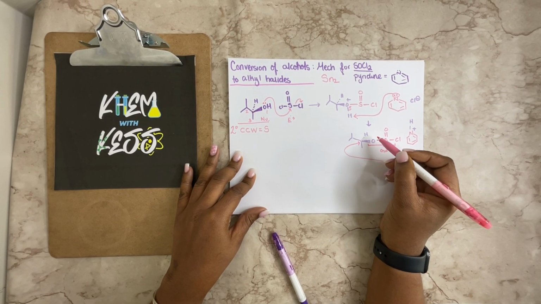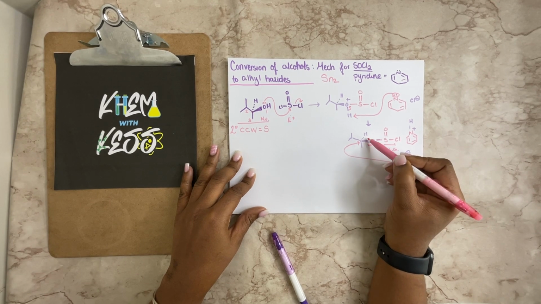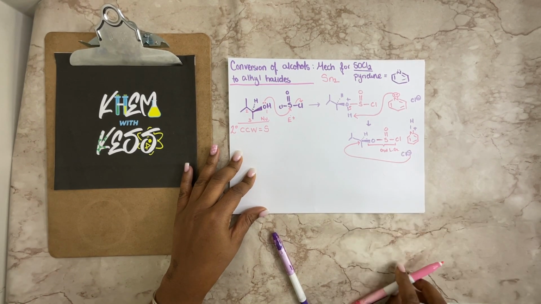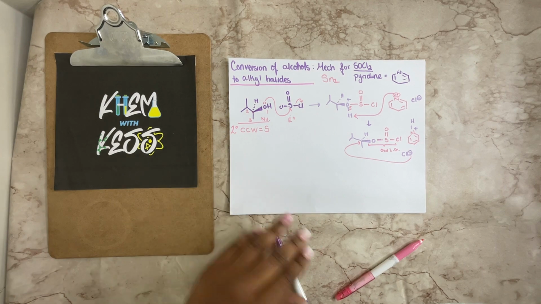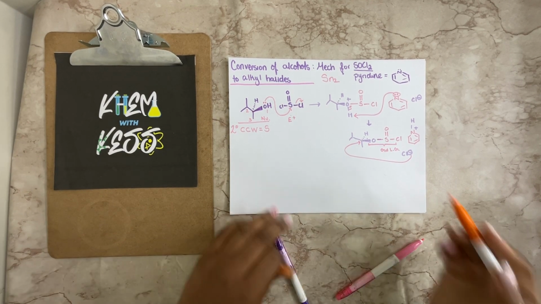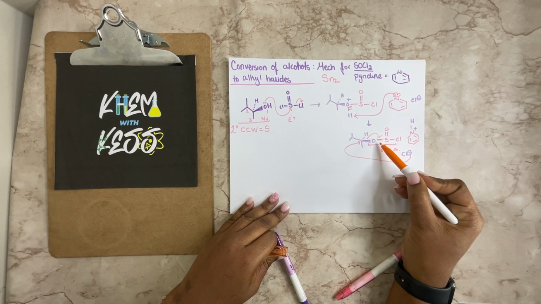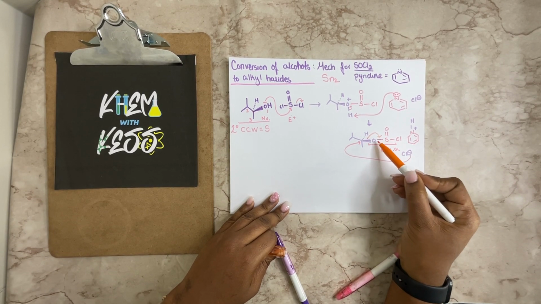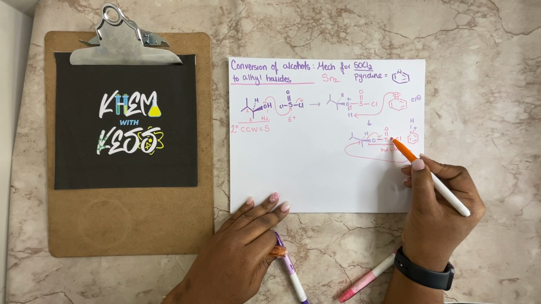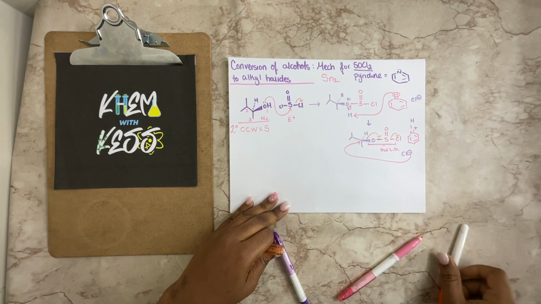As soon as it does that, this bond, I'm going to change colors just so you can see a little bit more, this bond here is going to collapse in between the oxygen and the sulfur to make another carbonyl, and then this Cl is going to leave.